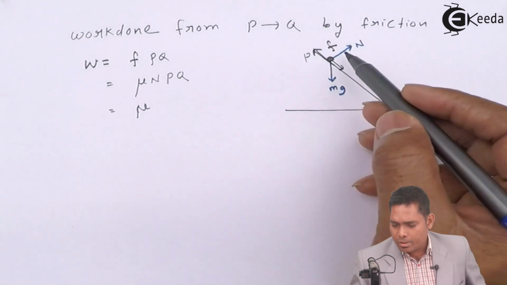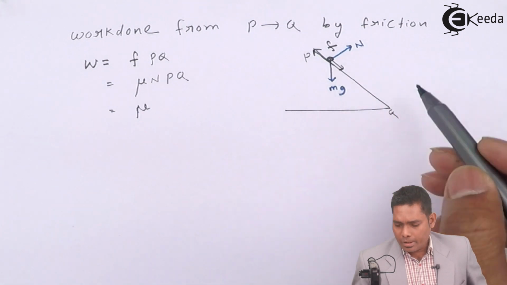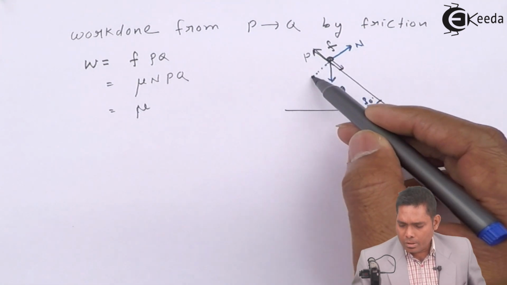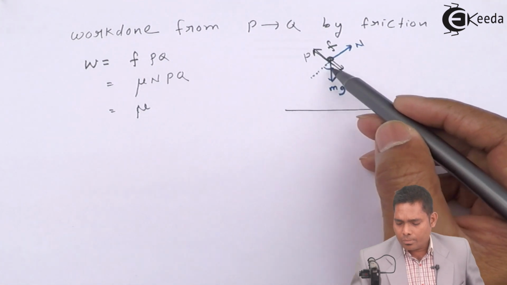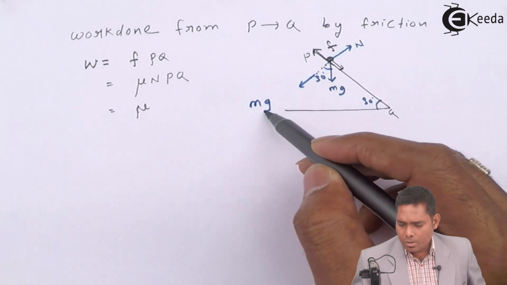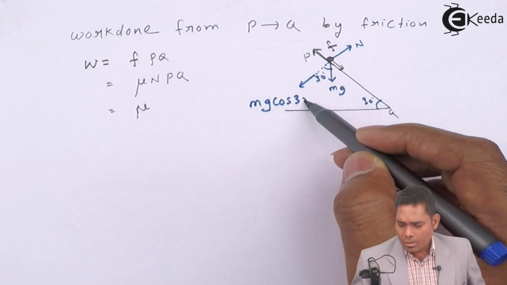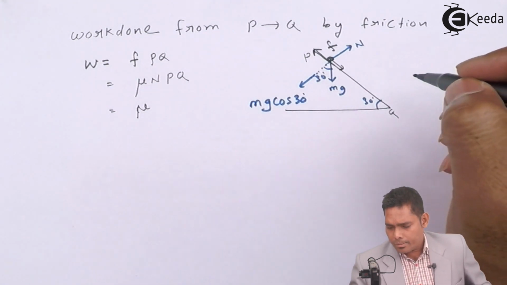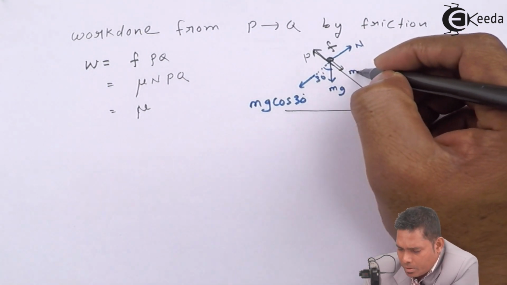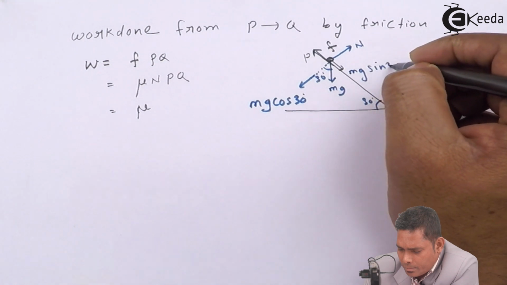Because this angle is 30, this angle will also be 30. Then this component will be mg cos 30 and this will be mg sin 30.